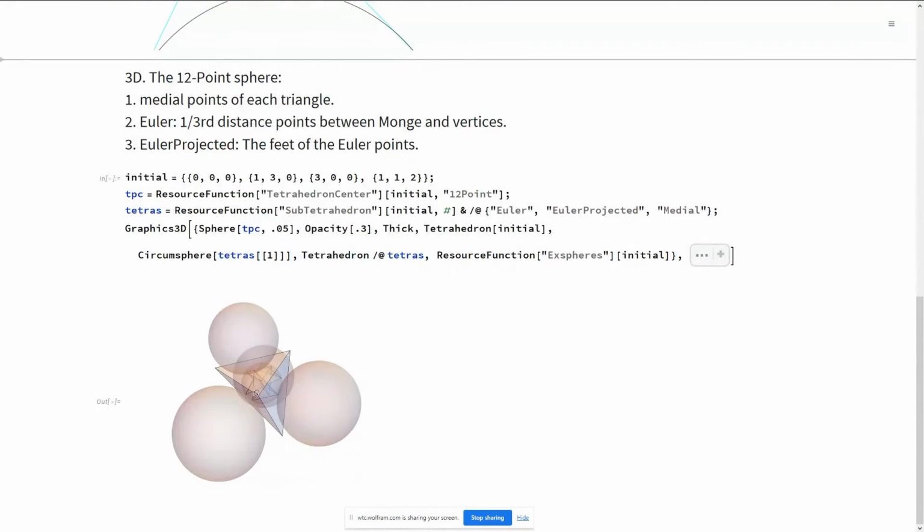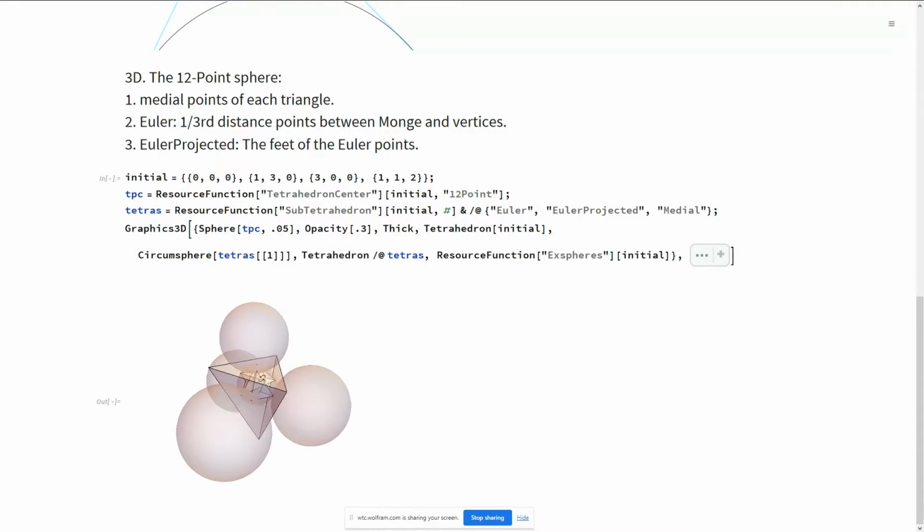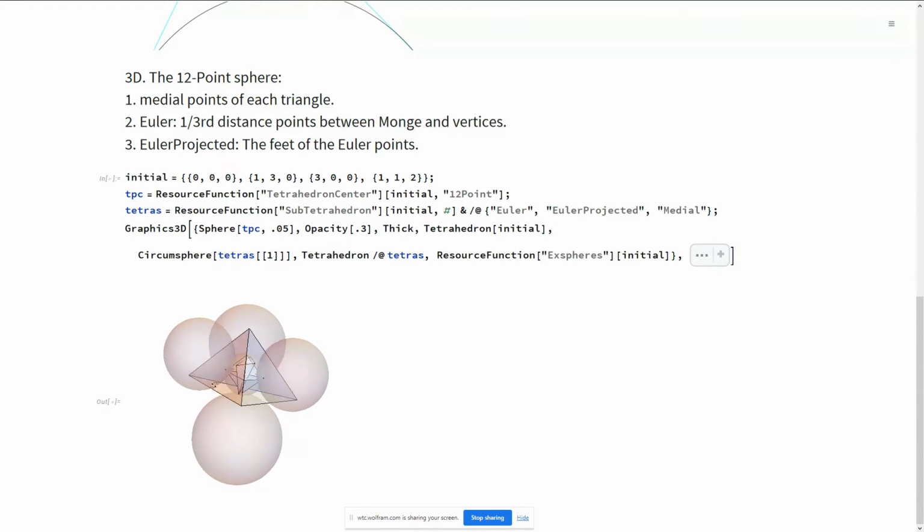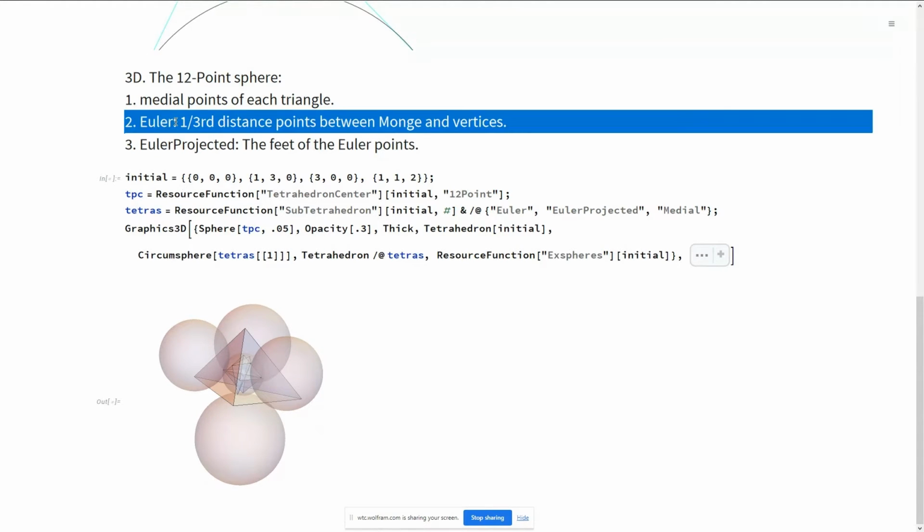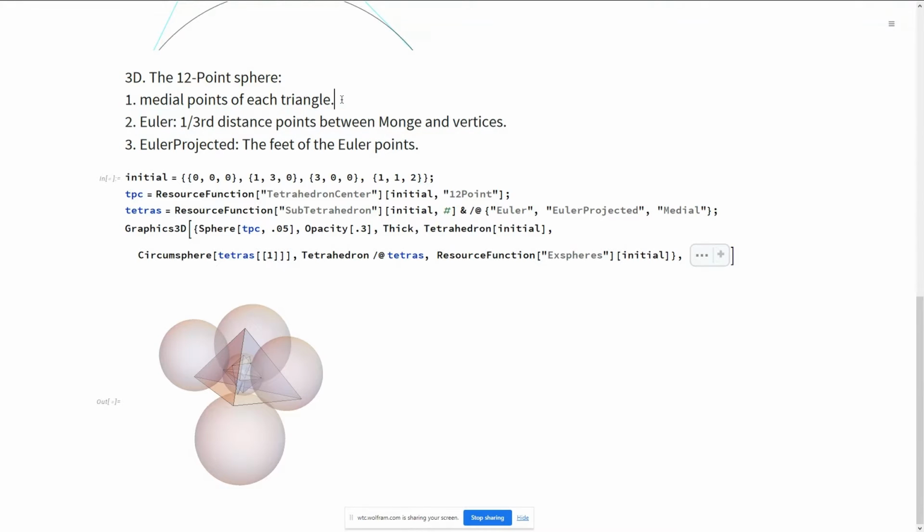You get the medial points again, shown here. The Euler tetrahedron, instead of being half the distance to the orthocenter, which doesn't necessarily exist, you go 1/3 of the distance to the Monge point, and that gives 4 points.